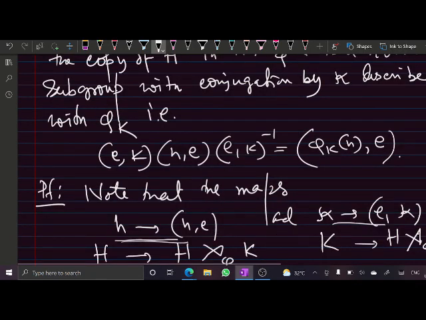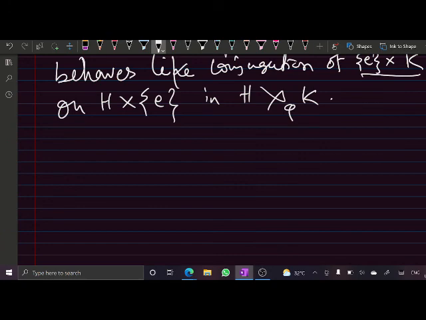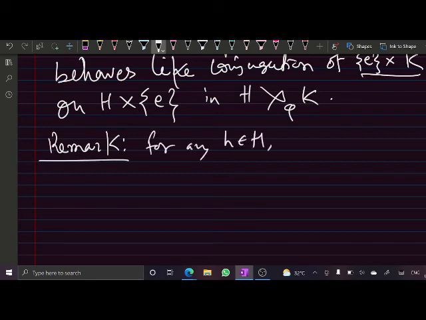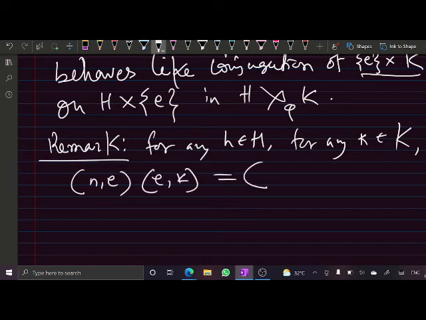Now let us make a remark here. For any h belonging to H and any k belonging to K, suppose the elements of the copy of H commute with the elements of the copy of K, that means (h, e)(e, k) = (e, k)(h, e).